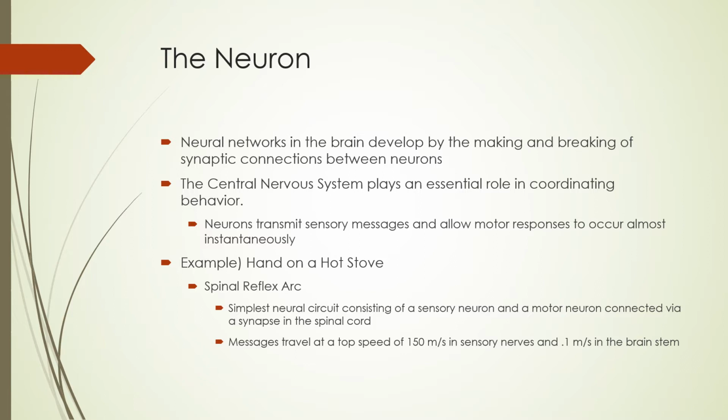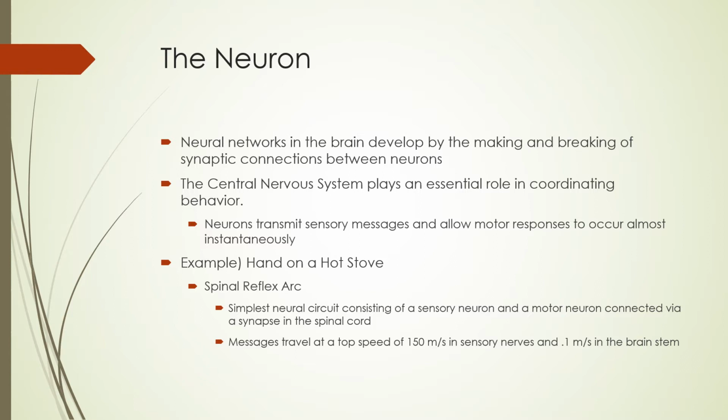So, for example, we talked about the hand on a hot stove. This involves our spinal reflex arc. And this is the simplest neural circuit. It helps keep us alive, I should say. It consists of a sensory neuron and a motor neuron connected via a synapse in the spinal cord.